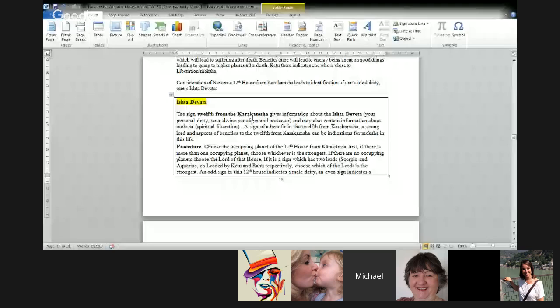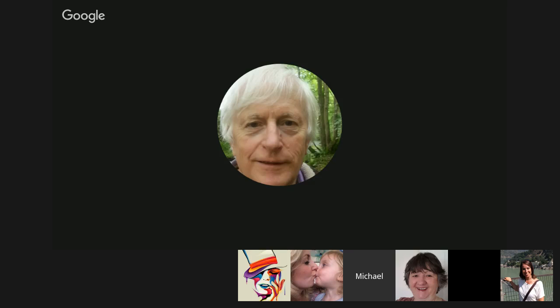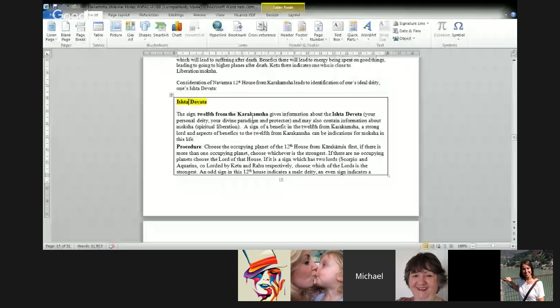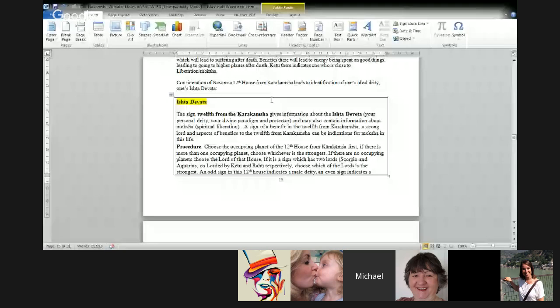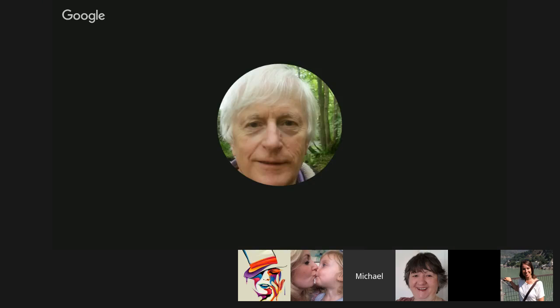If there are 2 lords, remember that Scorpio and Aquarius are co-lorded by Ketu and Rahu respectively, as well as Scorpio by Mars and Aquarius by Saturn. You choose the lord that's the strongest. And if it's an odd sign in your 12th house from Karakamsha, they suggest you consider a male deity, and an even sign a female deity.